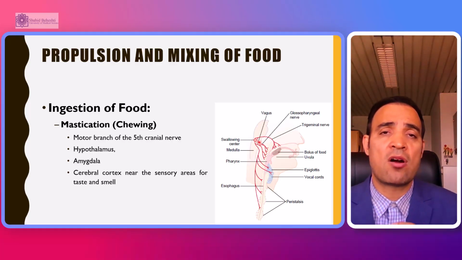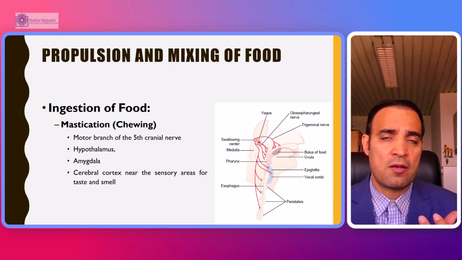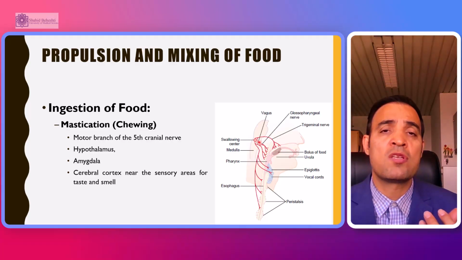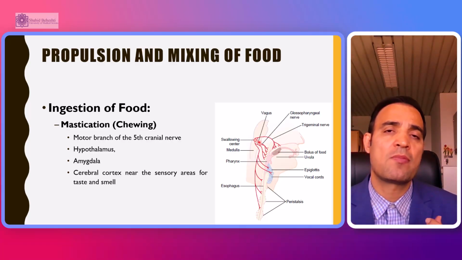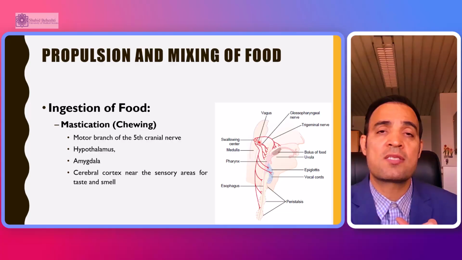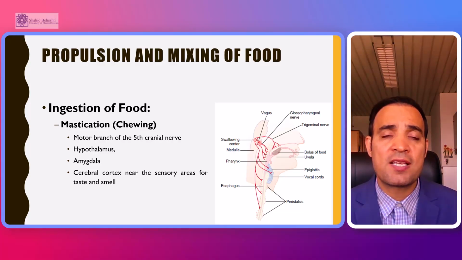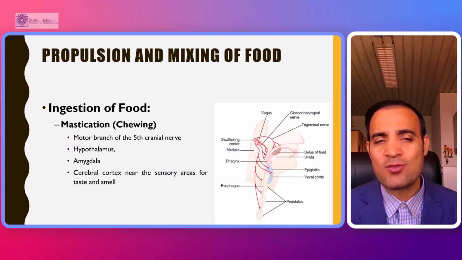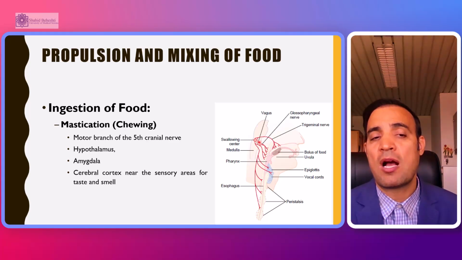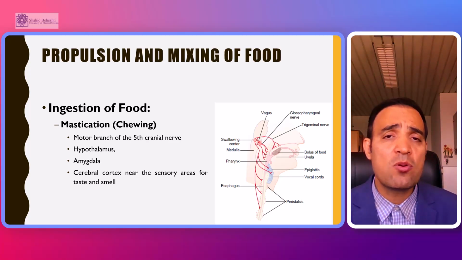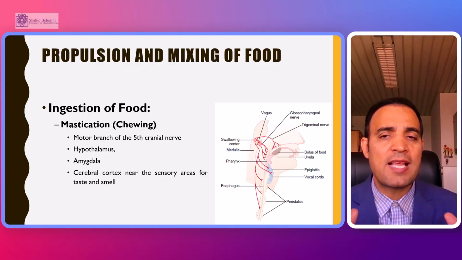Those areas that are involved in the motivation and limbic system, those systems that are involved in the pleasure centers, and as you see, hypothalamus, amygdala, even cerebral cortex is affecting this center.